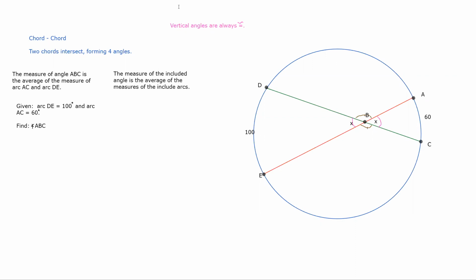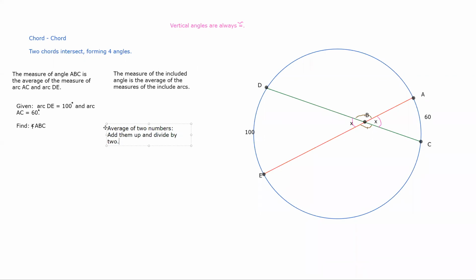So we'll just plug it right in. All right, here's our formula. The measure of angle ABC equals 1/2 the sum. So average. Average is you add them up and divide by how many there were. Average of two numbers, add them up and divide by 2.